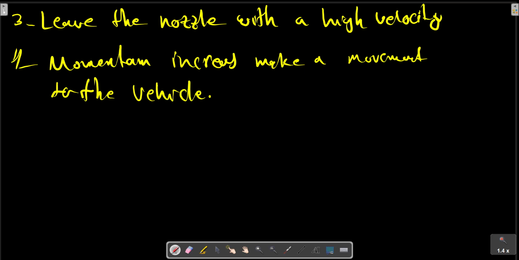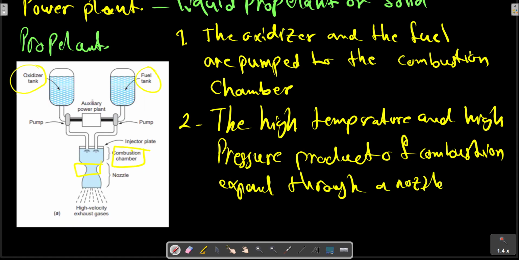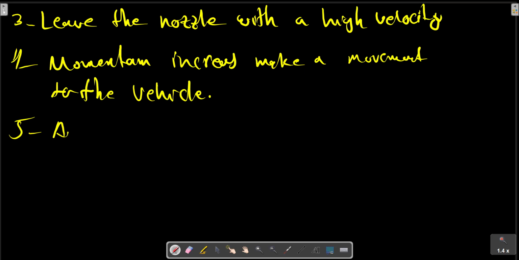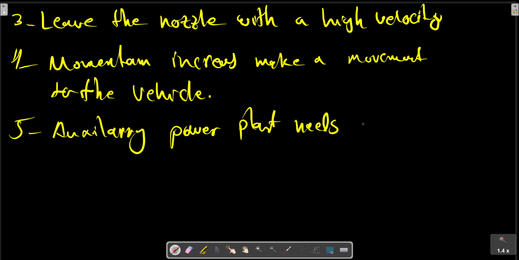The oxidizer and fuel must be pumped into the combustion chamber, and an auxiliary power plant is necessary to drive the pumps. So as shown in the previous picture, we have an auxiliary power plant that needs to drive the pumps.